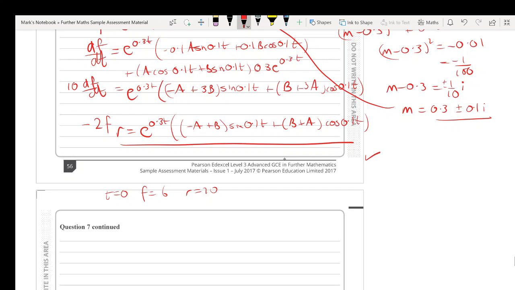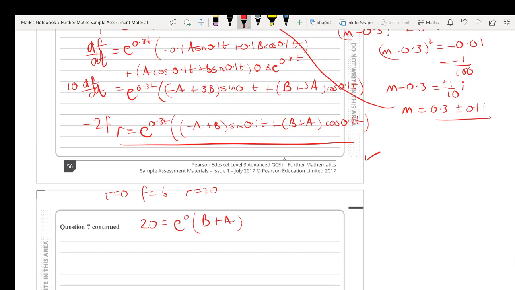So if we plug it in first for our rabbits, so from this equation here we're going to get 20 equals e to the 0, which is 1, times sine 0.1t, that's all going to be 0, cos of 0 is 1, so it equals b plus a. So therefore b plus a equals 20.